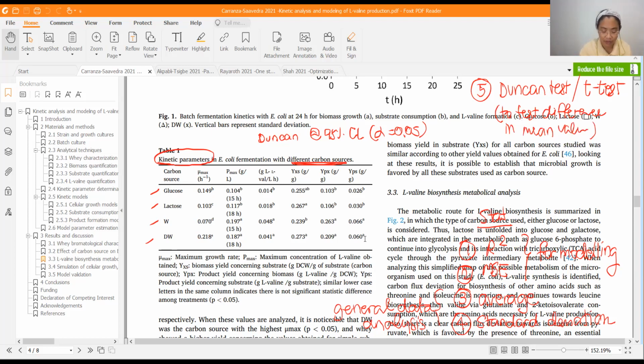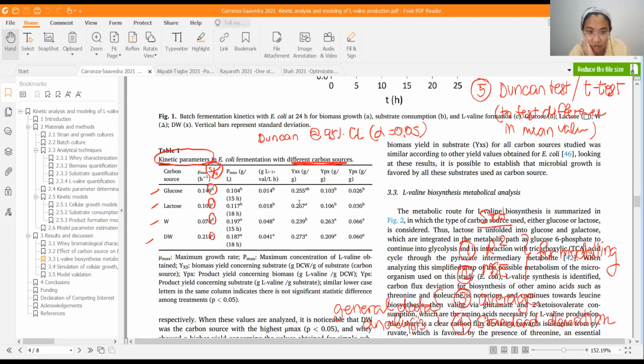So what they have here is, for those of you who might not be familiar with the descriptive things here, let's see for mu-max. For mu-max, they are comparing the mean. This is quite obvious. Different letters will say that they are individually different.